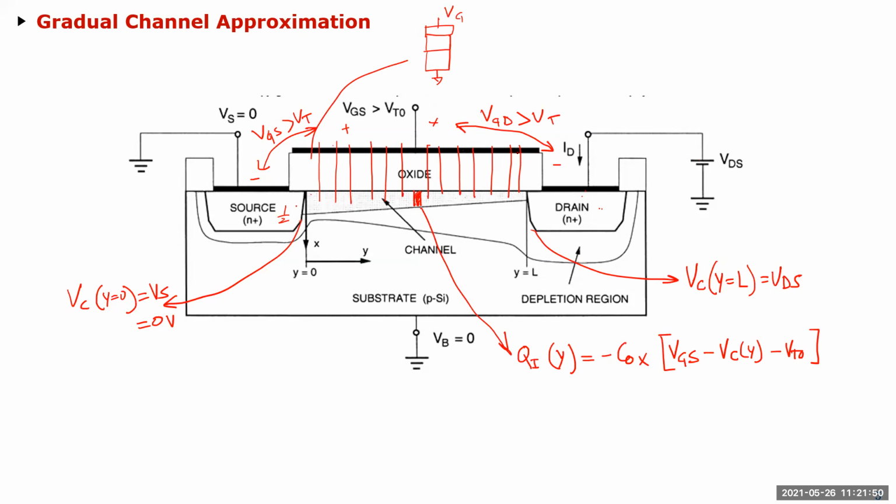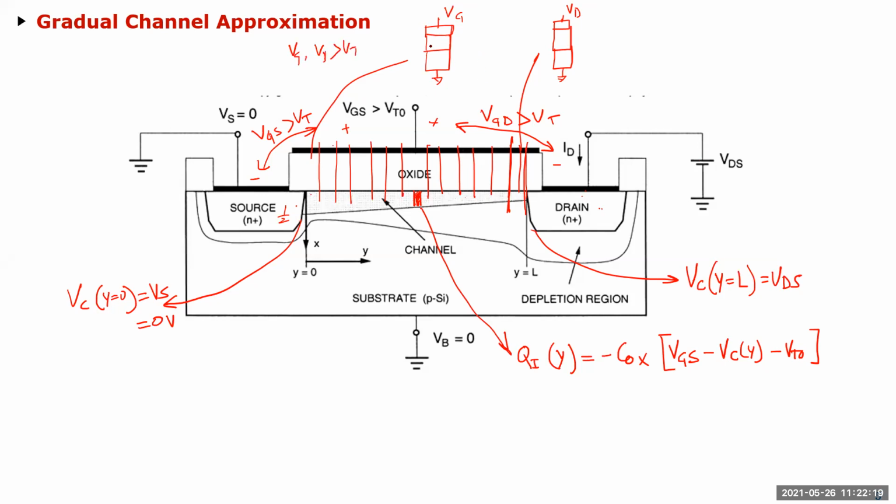If I take this slice at the very end of the drain and do the same thing, it's still going to look like metal oxide semiconductor, but now this is VD, right? And you remember the charge density, and let's say both VG with respect to ground and VD are greater than VT, right?